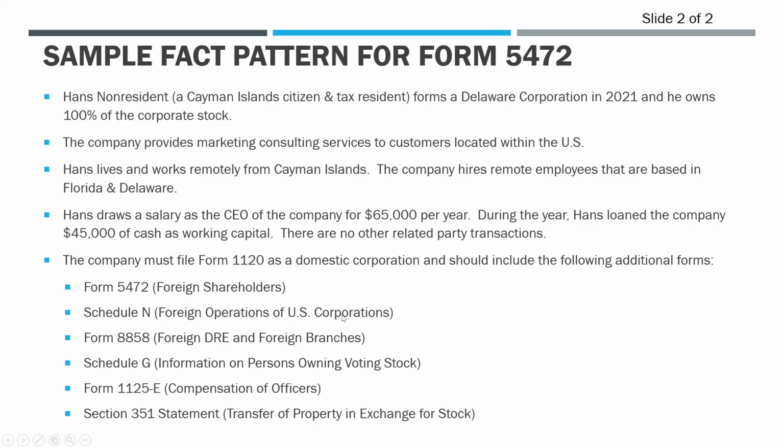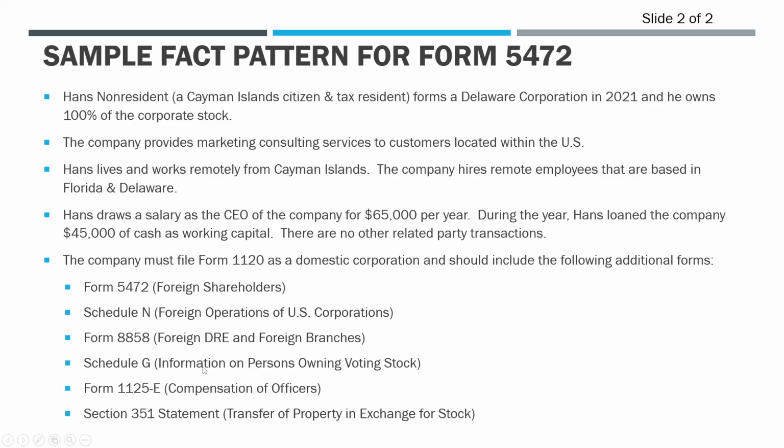So if you have a foreign branch or you own foreign entities, foreign subsidiaries, or you just simply conduct business in other countries, even to the extent where it might not give rise to a foreign branch level. We're going to take the position that he does have a foreign branch in Cayman, and that's because of his physical presence. So we would include a Form 8858.